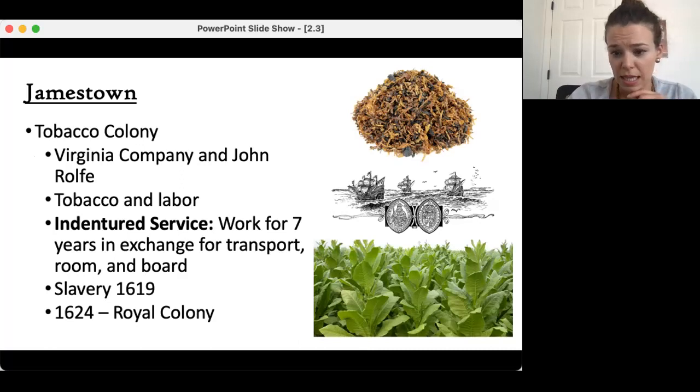We see that the headright system will be introduced to try and attract labor as well. So you get 50 acres of land if you settle it and grow tobacco.